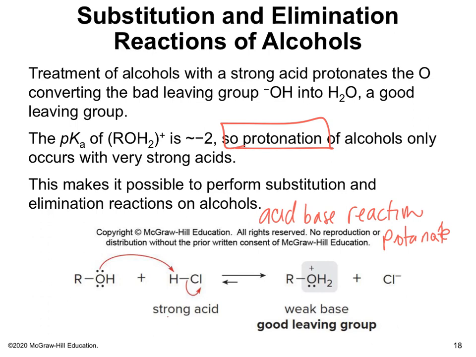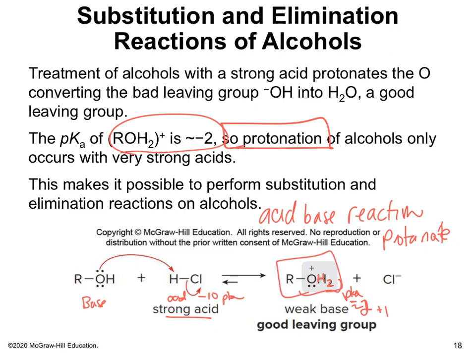When you react it with a strong acid, so you add acid to your alcohol, this is your base and this is your acid. This is like a negative 10 pKa. Remember, pKa measures the strength of the acid. So the base will get protonated, and now this has a pKa usually around negative 2. Some of them are even positive 1, but that's a weak base. Now that's a good leaving group. So if you protonate the alcohol, you can make it a good leaving group.